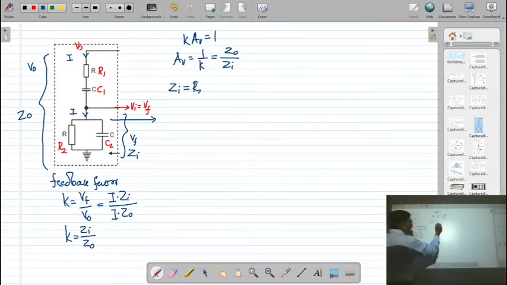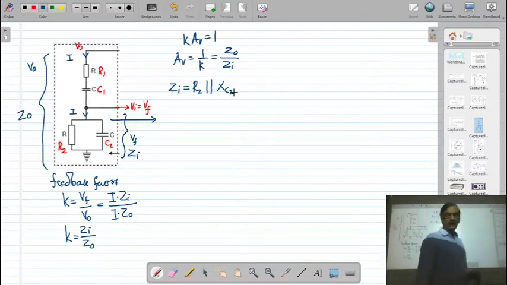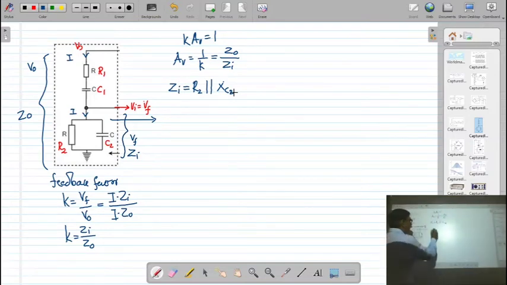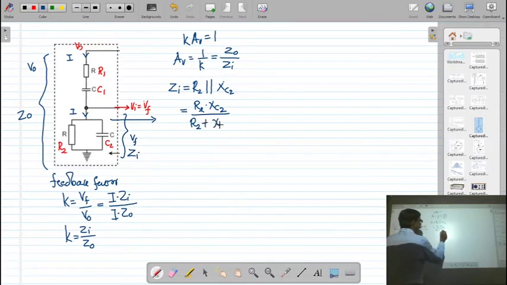Resistance R2 is parallel to the capacitor C2, so we have to consider the reactance of the capacitor, Xc2. R2 parallel to Xc2 is R2 into Xc2 divided by R2 plus Xc2. That is my input impedance.